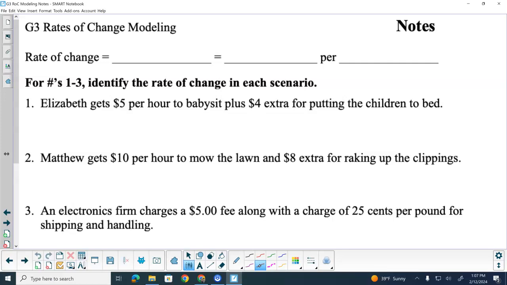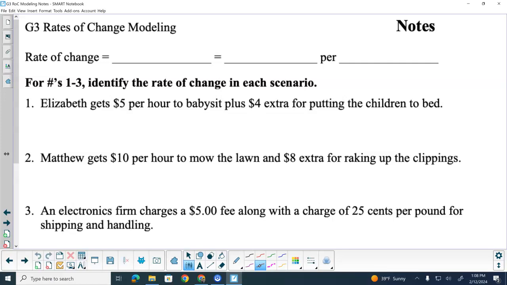If we don't know, we should look back in our notes. If we look back one page, maybe two pages, we would probably find many a definition of rate of change at the beginning of G1 or G2, or if we went all the way back to G0. What did we call a rate of change? How do we find it?